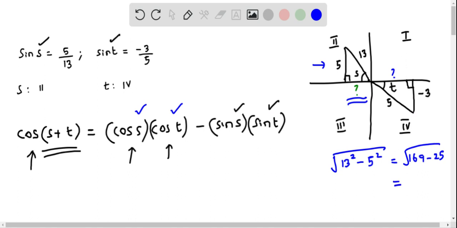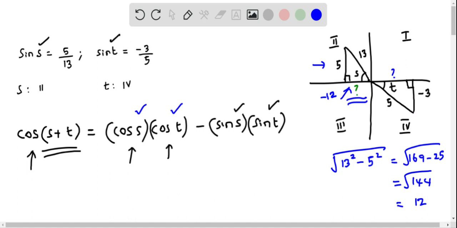So this becomes 169 minus 25, which is 144, and the square root of 144 is 12. It could be plus or minus 12. Since this lies in the second quadrant, the x is negative here, so we mark negative 12. And so we have determined this unknown side length for angle s.